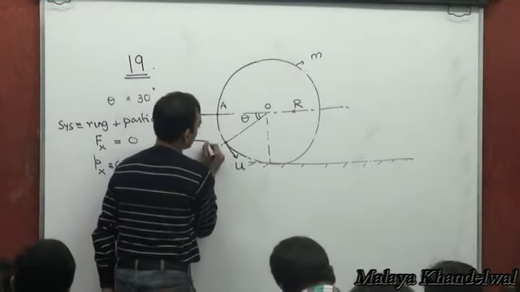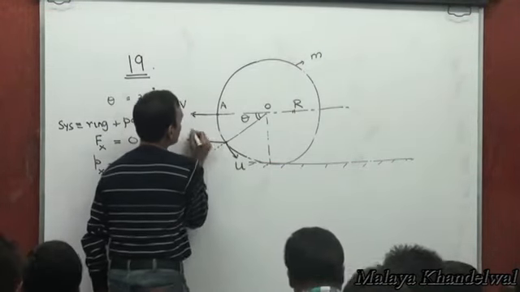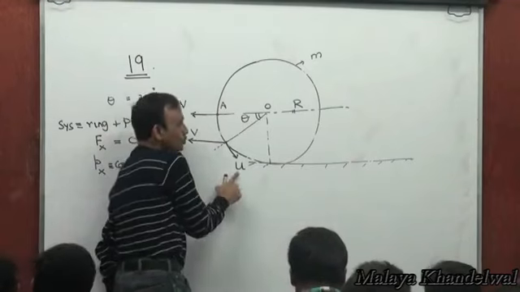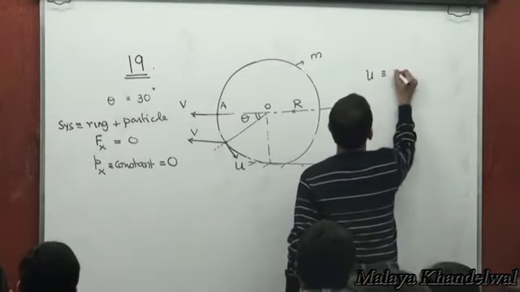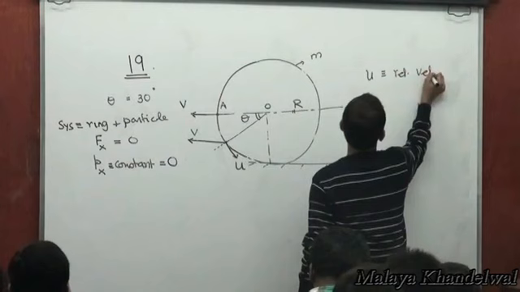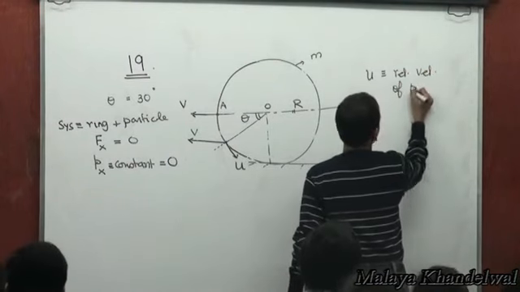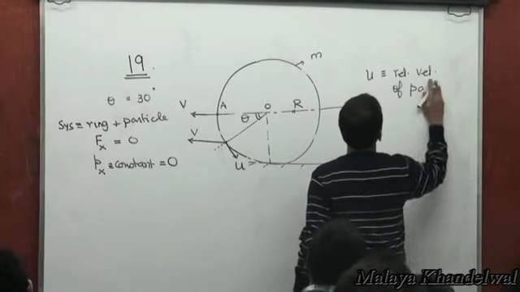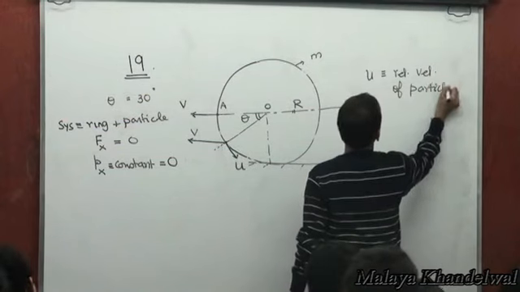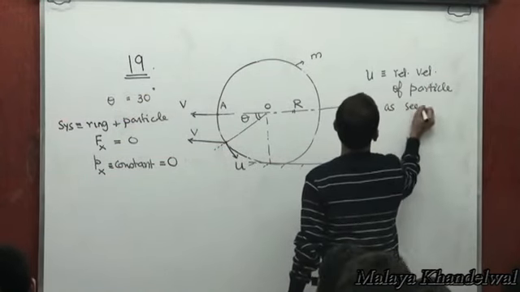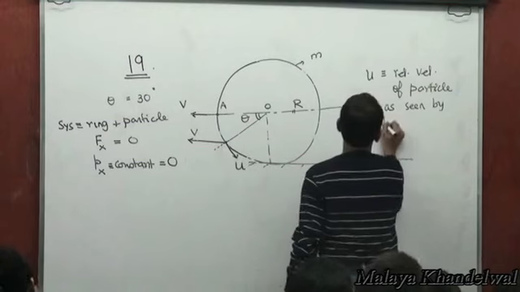Now, the velocity of the observer is v leftward, and u is the relative velocity of the particle as seen by the ring observer.